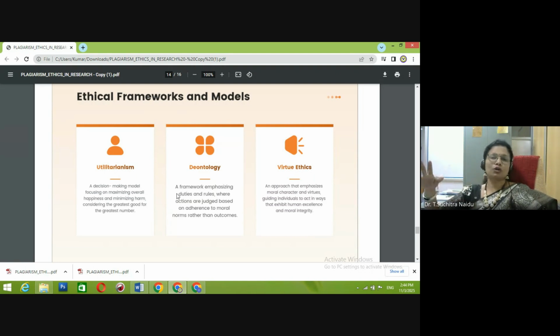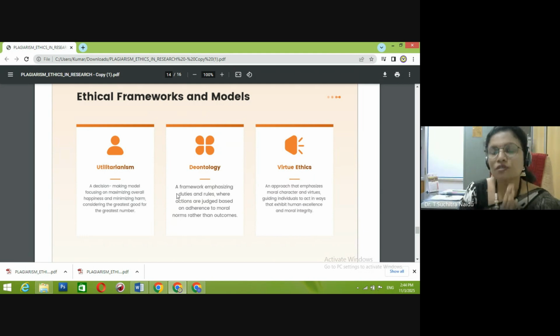Virtue ethics, the moral character, is the foundation for ethical decisions. So morally, how strong you are, how moral you are, determines that you give proper decisions. This virtue ethics is all about abstract values.